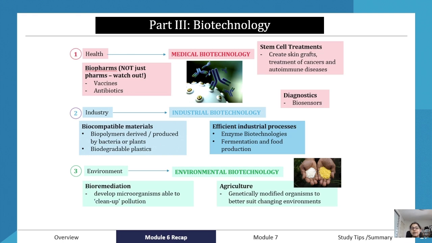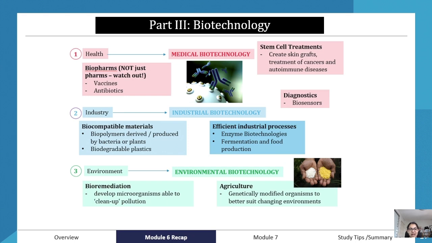We also have industrial biotech. Some examples include biocompatible materials like biopolymers derived and also produced by bacteria or plants, as well as biodegradable plastics. Living in a world where we are currently dealing with the effects of climate change, along with many other issues, biodegradable plastics will play a huge role in the way in which our world functions.